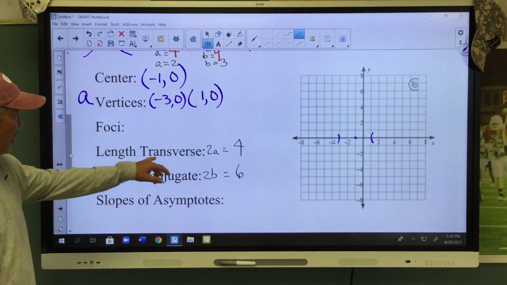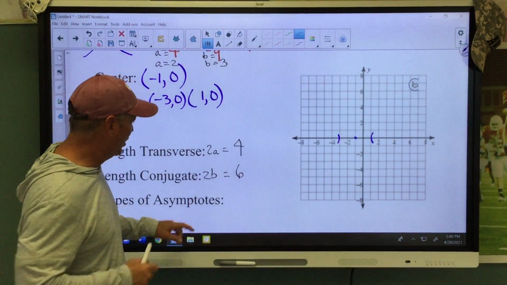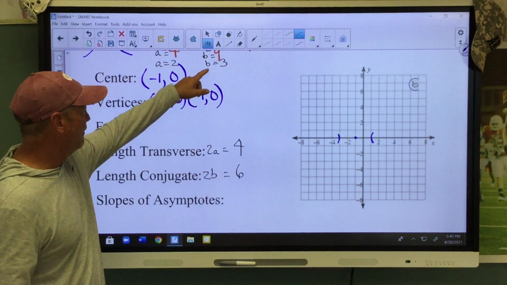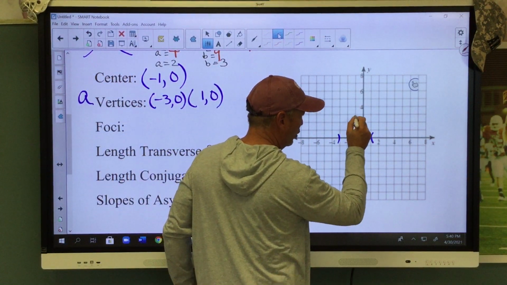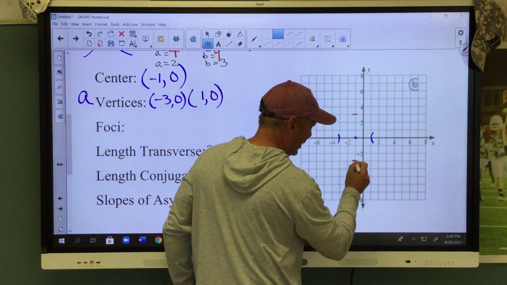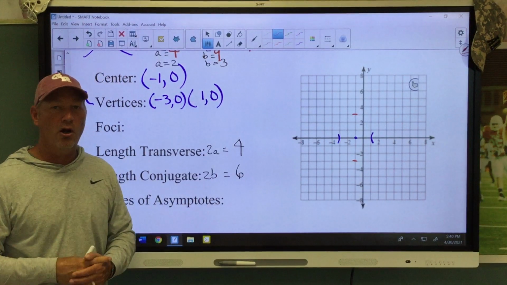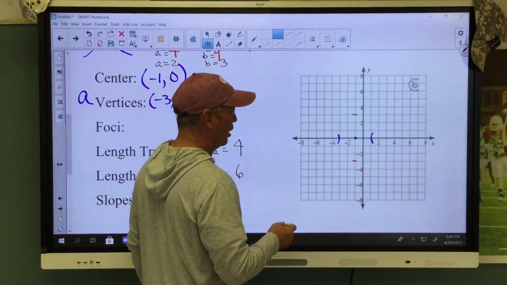Now we have the length of the transverse axis, the length of the conjugate. So for the conjugate, we're going to use the b value. So we're going to go up here and we're going to say b is 1, 2, 3, put a little line. 1, 2, 3, little line. These help us draw our rectangle or our box. So we're going to draw our little box.